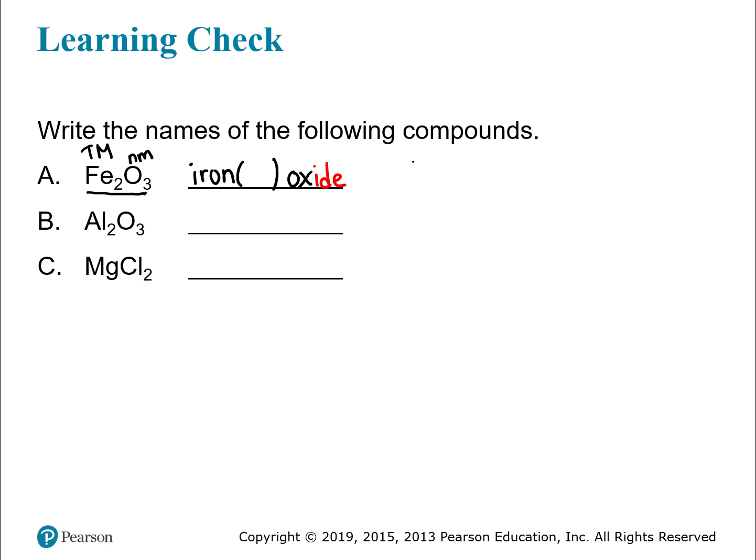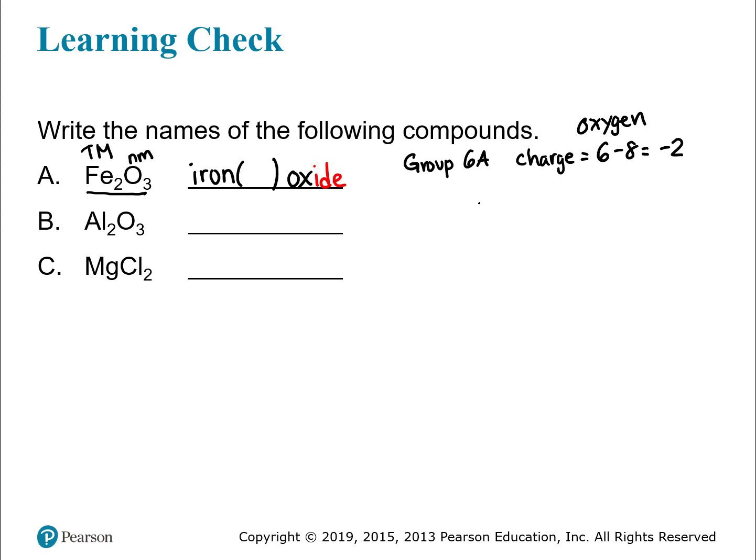The charge is going to be -2. The charge is 6 minus 8, and this is for oxygen and any other 6A nonmetal.